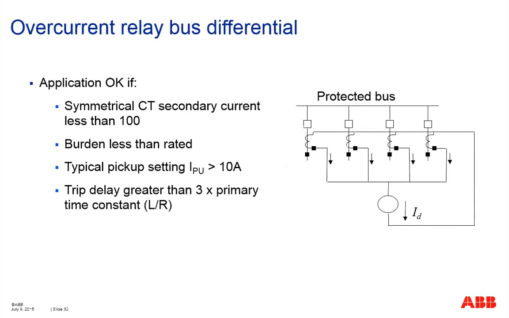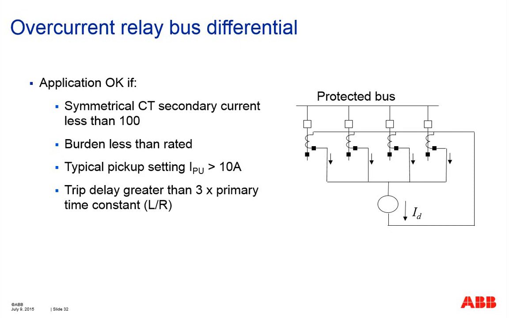Okay, so this is the summary. Application is okay if the symmetrical fault current is less than 100 amp, which basically says the fault current is not too high. If it's not too high, the likelihood of the fault current saturating your CT probably is not that high either. So you can rest assured that you apply your overcurrent relay with the setting higher than the expected measuring errors, and that should be sufficient.